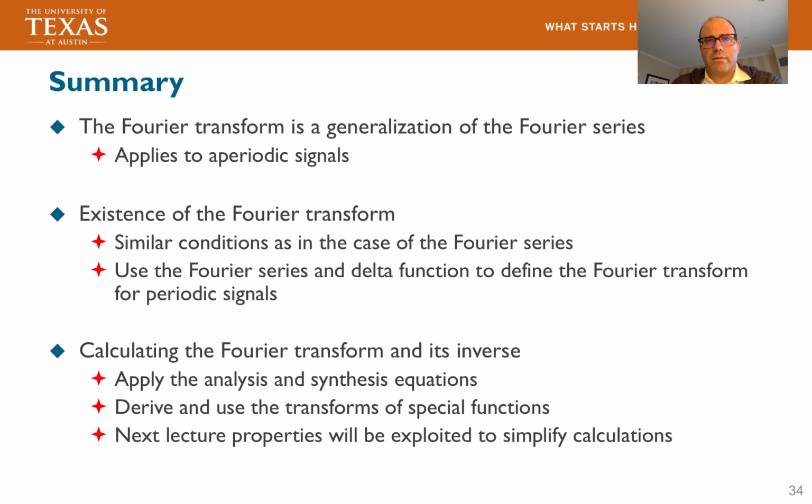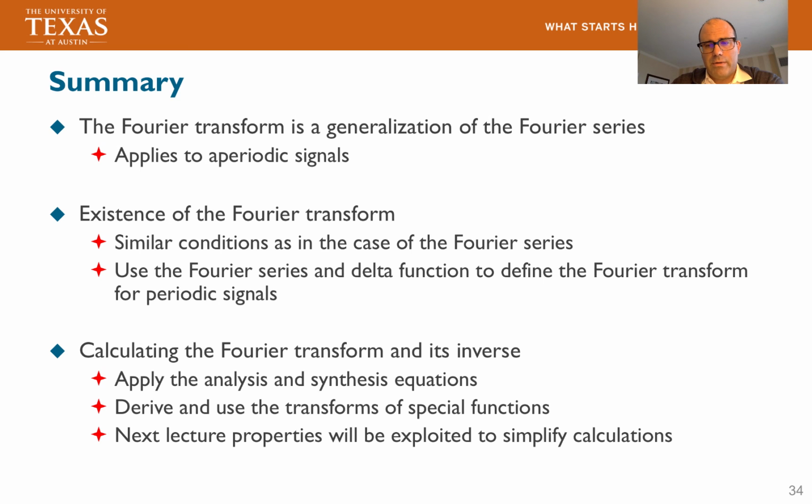And periodic functions have a line spectrum in the Fourier domain. And then finally, we did some examples with calculating the Fourier transform and the inverse. And so you should be able to use the analysis and synthesis equations. Basically, it's an integration problem. And then we did some examples of transforms of special functions like the exponential, the step function, the delta, the shifted delta, the rectangle, and the sinc.